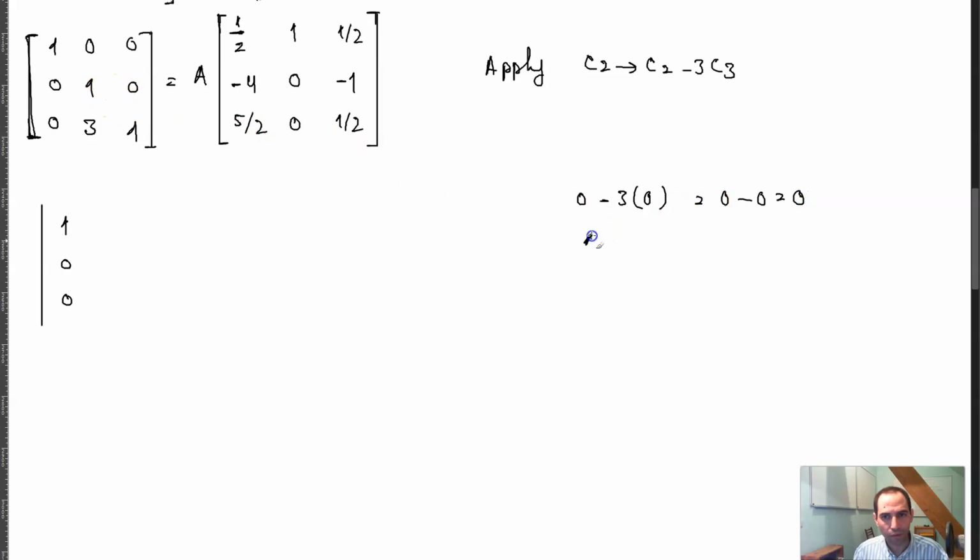Then you have 1 minus 3 times 0, which is equal to 1, and then 3 minus 3 times 1, which is equal to 3 minus 3, which is equal to 0. So you have 0, 0, 0.